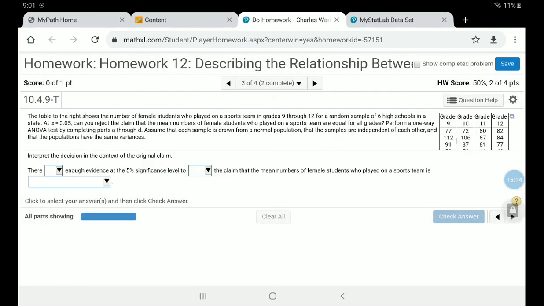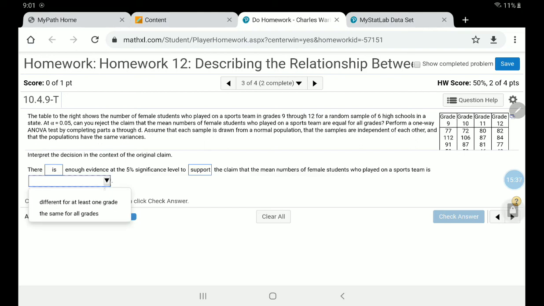All right, well, let's see. Remember what the claim was. The claim is that they are equal, right? So there is enough evidence at the 5% significance level to support the claim that the mean number of female students who played on a sports team is the same for all grades.